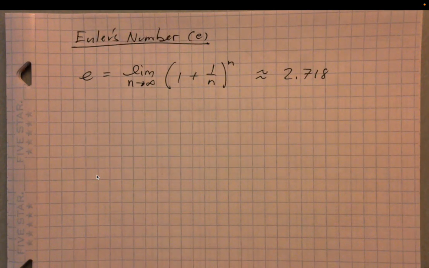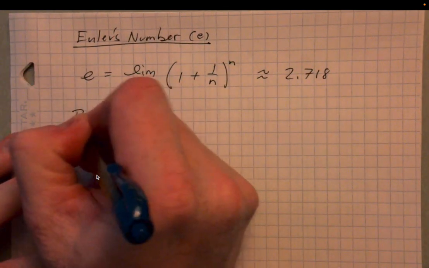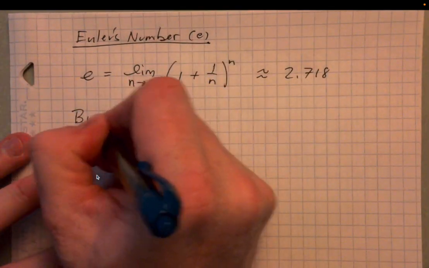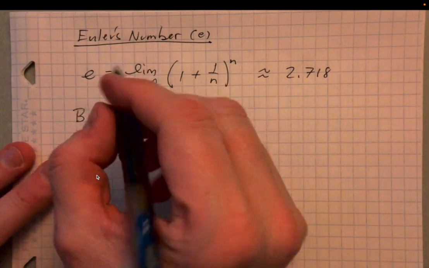Okay, we won't necessarily get all the way to the finish line of how to show that that limit exists, but we can show that there must be one. Similar to the previous section, we're going to start by looking at the binomial theorem.